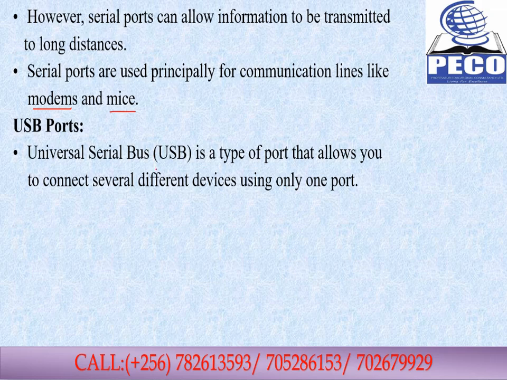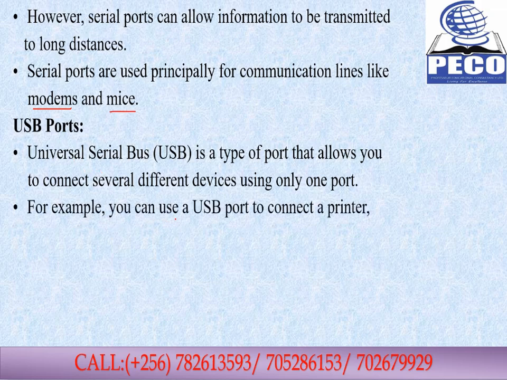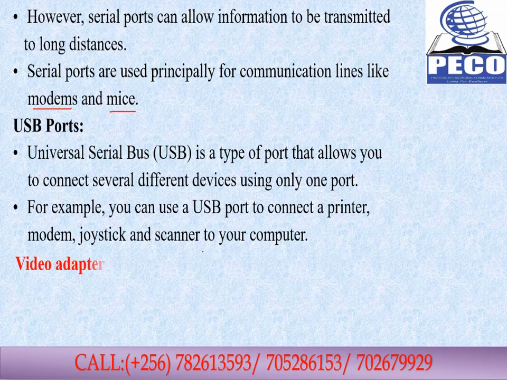That means when you have a USB, which is universal, several types of devices can be connected. You can have a printer using USB. You can have a phone using USB. You can have an external hard disk using a USB to connect to the computer. For example, you can use a USB port to connect the printer, modem, joystick, scanner, and many others.